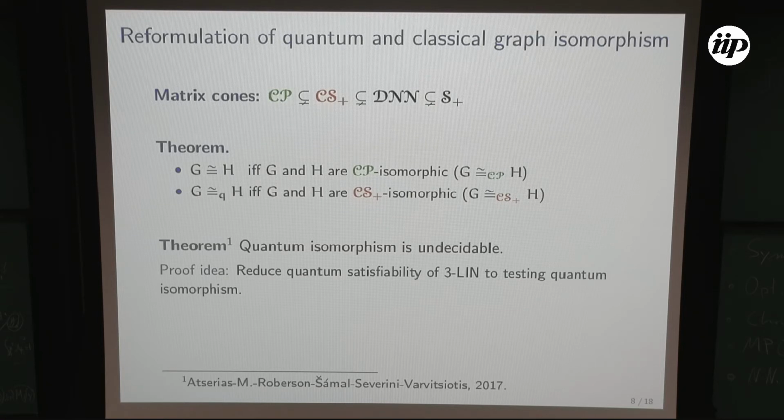And this is how we started looking at these conic relaxations, because we thought we could relax our cone. We are interested maybe in this cone, but we could relax it to DNN or S plus to possibly rule out the existence of quantum isomorphism for certain pairs of graphs.